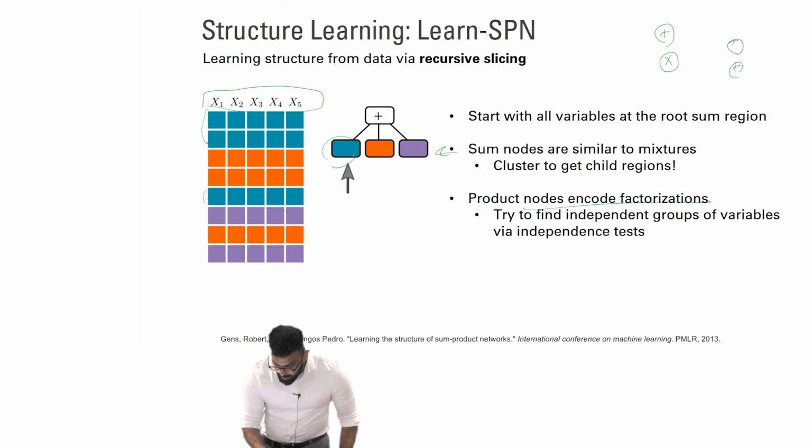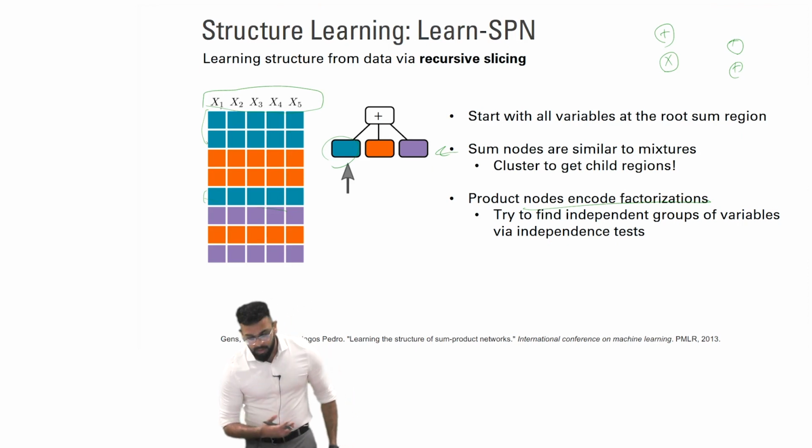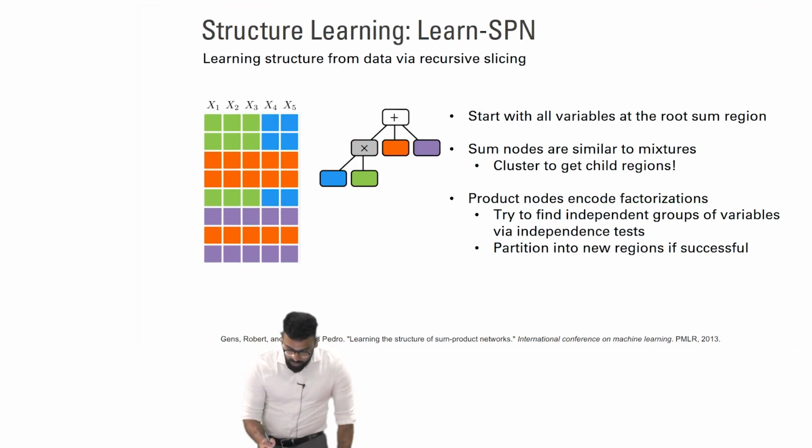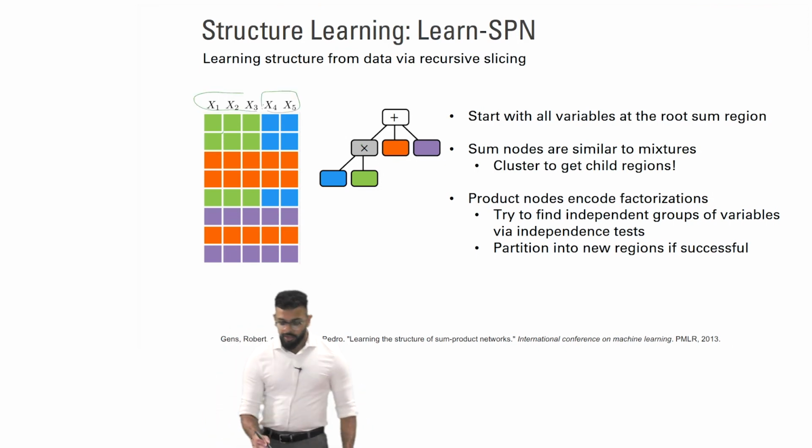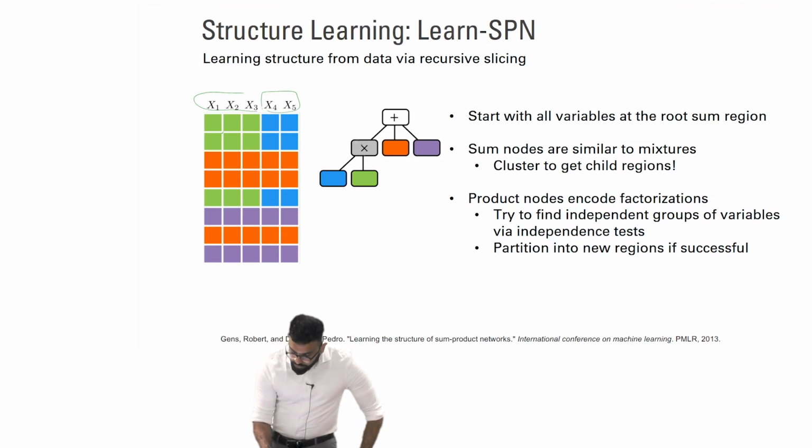And within that region, I will be looking at which variables can be interpreted as independent of each other by running some independence tests, right? So let's say for this particular node, I have these green colored features and blue colored features to be independent from my independence tests. Then I can define a product node there where I have 2 children corresponding to these 2 subsets of variables, right?